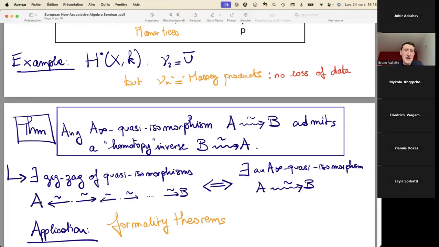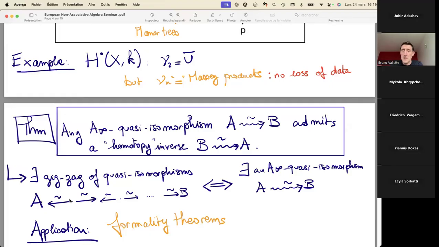So what I'm saying here is that if you have a zigzag of strict quasi-isos of associative algebras, say, and you have one map in the wrong direction, there's no chance that there exists a quasi-iso in the opposite direction if you stay in the framework of quasi-isomorphisms of differential graded associative algebras.